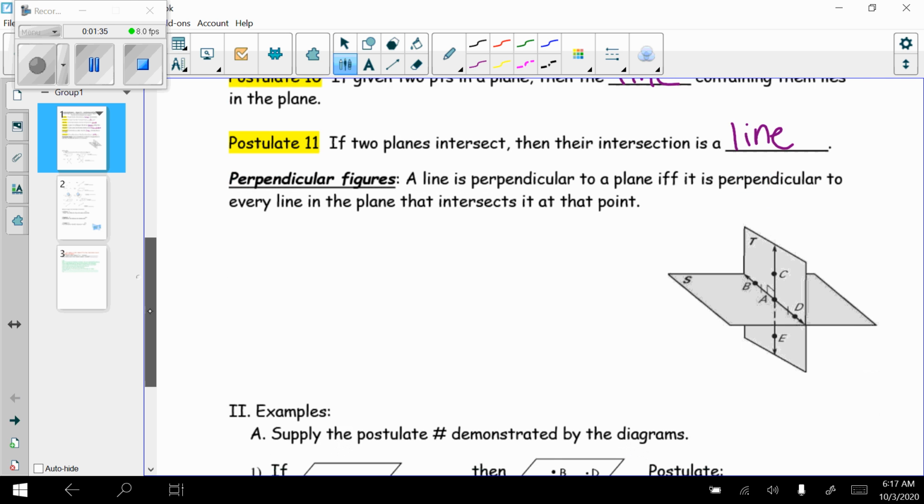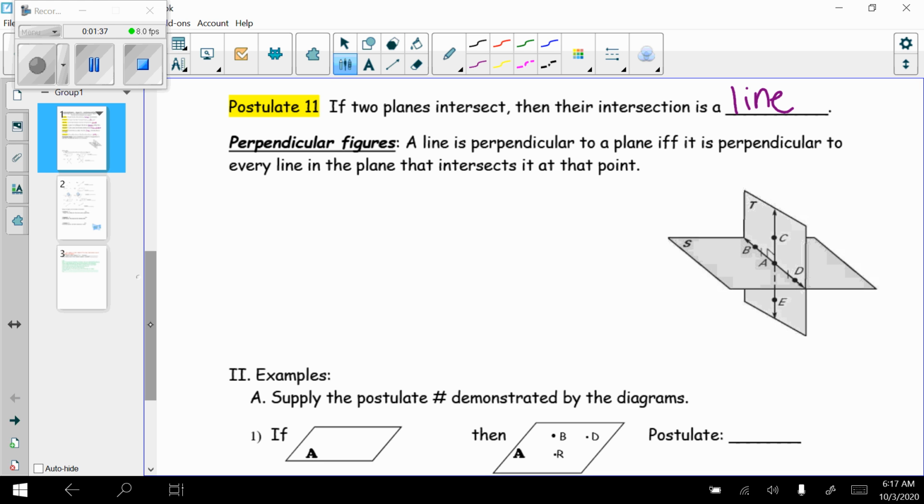Now we're going to look at a definition. Perpendicular figures. A line is perpendicular to a plane if and only if it is perpendicular to every line in the plane that intersects it at that point. So notice that I have these 2 planes here. They are intersecting. Notice we have this right angle marked here at the point A, where the lines are going through.